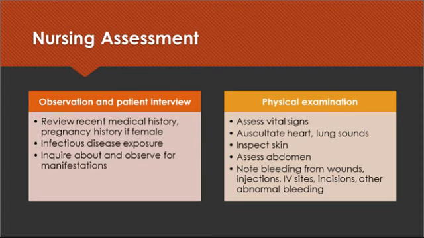When you're doing the patient interview, ask about recent medical history, any blood transfusions, recent trauma, if they're currently pregnant, did they have a recent abortion, elective or non-elective, any known malignancies, recent treatment for malignancies, history of abnormal bleeding, exposure to infectious diseases, if they're having problems with nosebleeds, bleeding gums, bruising, ecchymosis.